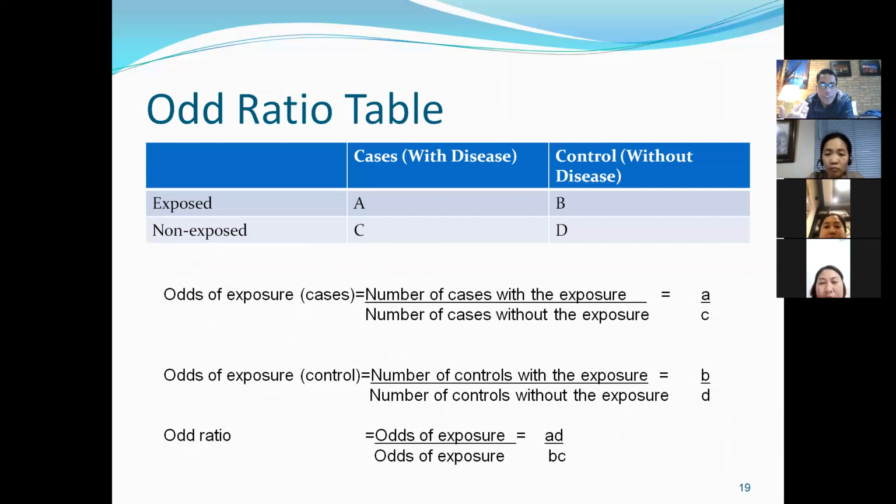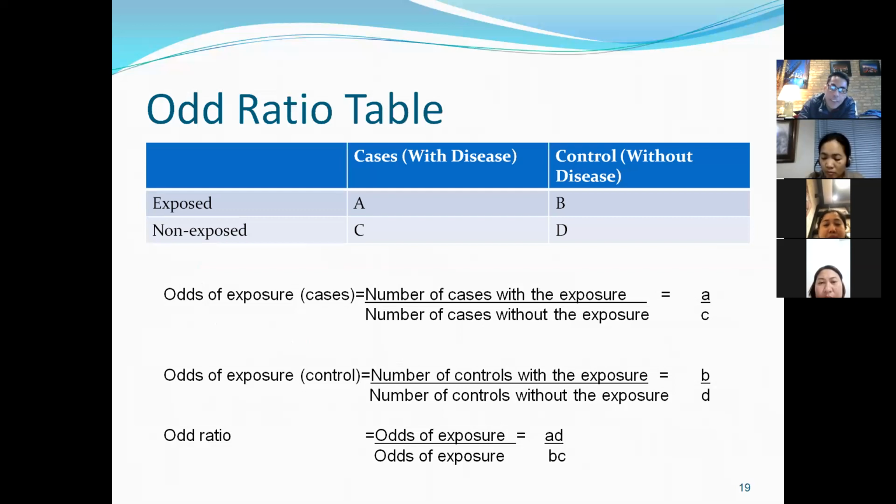Simple. You divide the odds of exposure, which is AD, by the odds of exposure from the control, which is BC, and you get your odds ratio.